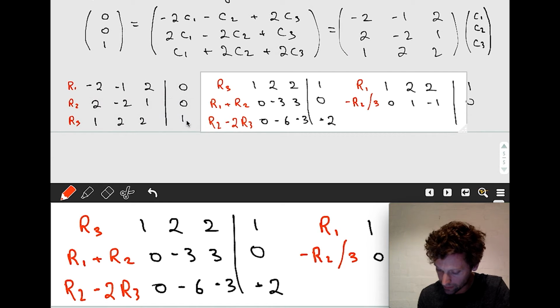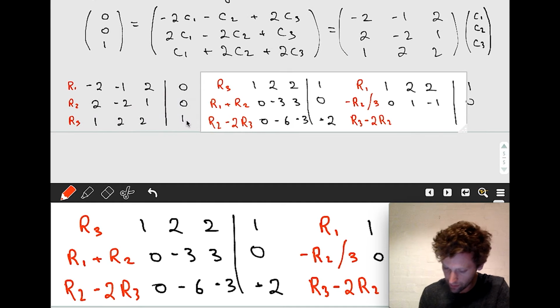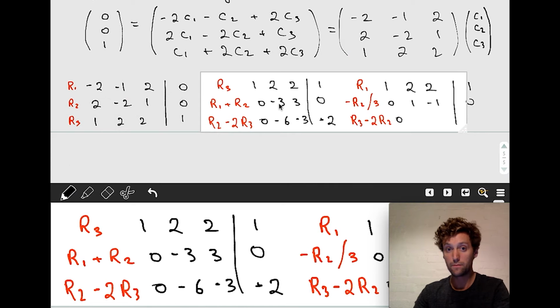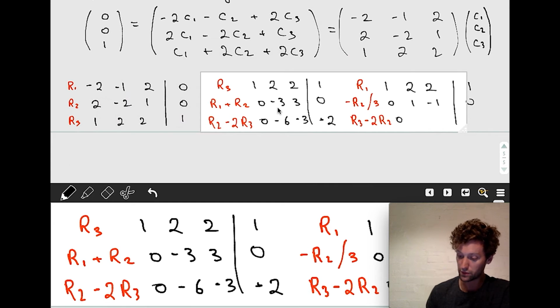So I've got third row minus 2 times second row. I get 0. I get minus 6 minus 2 times minus 3, which will be minus 6 plus 6 is 0.